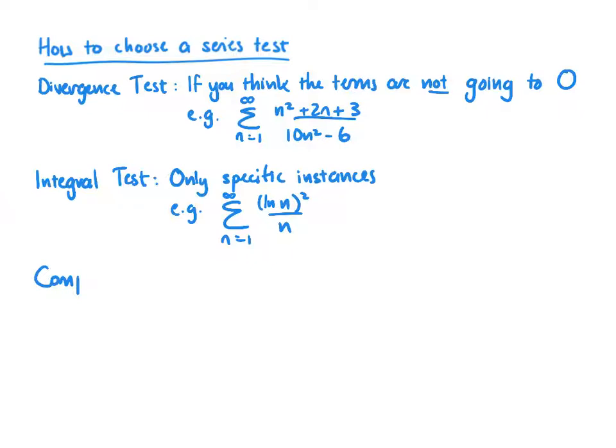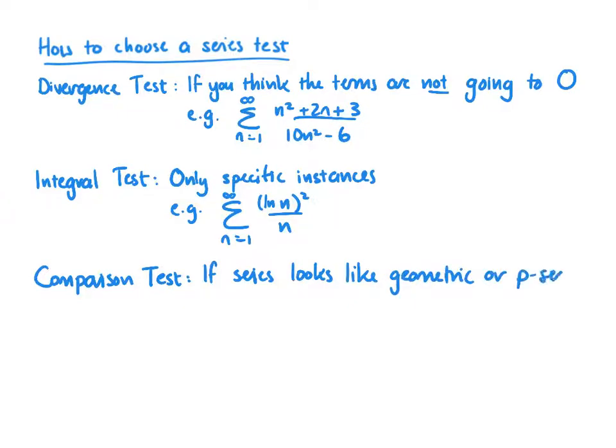Now, comparison test can come up a lot. I'm talking about the basic comparison here. This is really if the series looks like a geometric or p-series. So, for example, I have a series like this, sum from n equals 1 to infinity, 5 to the n plus n squared over 3 to the n minus 1.